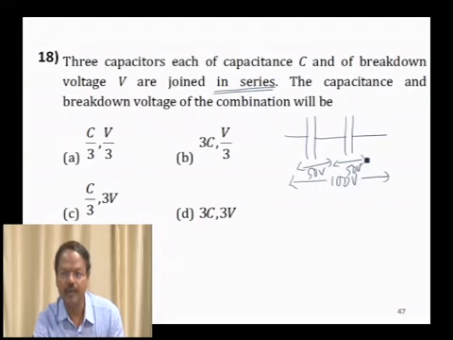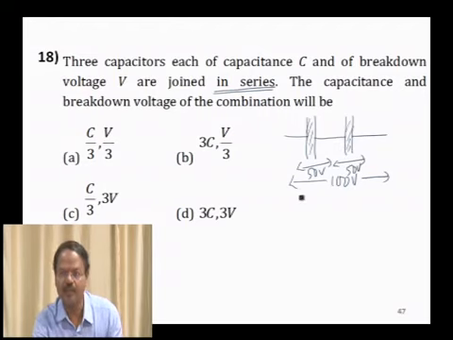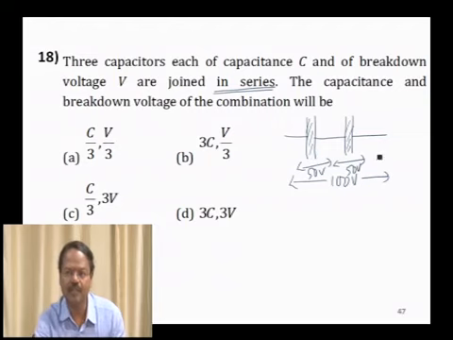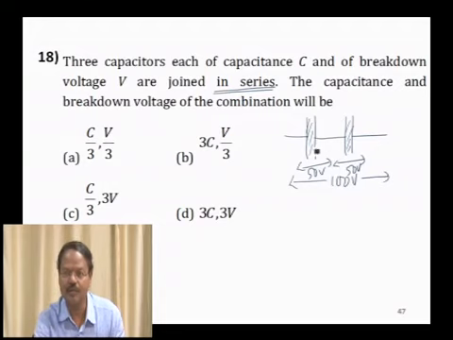Now, the breakdown voltage means the insulator present inside, whatever dielectric you have put, starts conducting beyond a particular voltage. That is called breakdown of the dielectric because of high electric field. That happens because of too much polarization in the dielectric. Charges are removed from the atoms and it gets ionized and starts conducting.